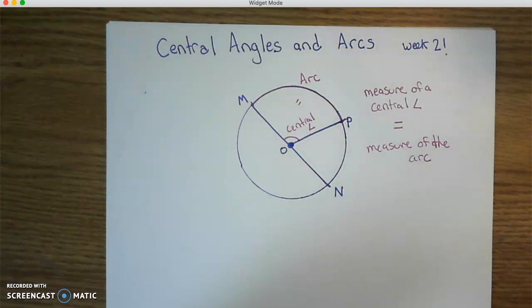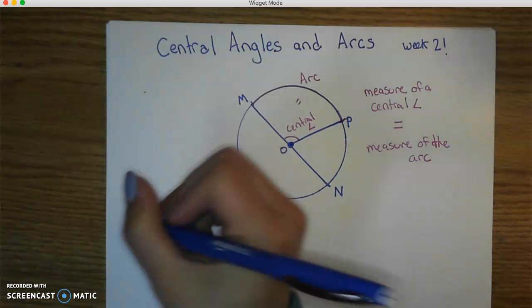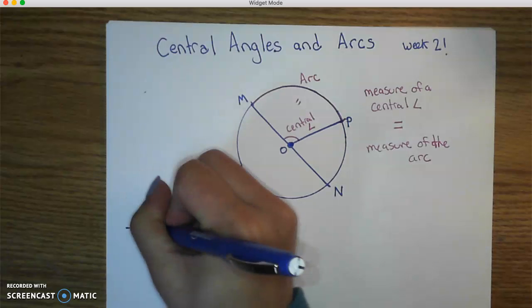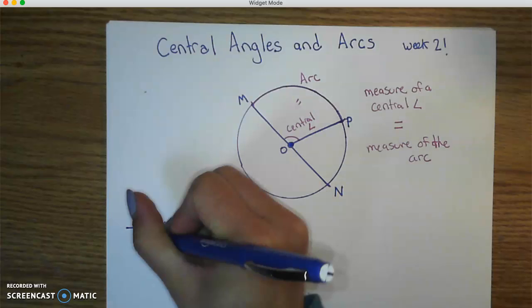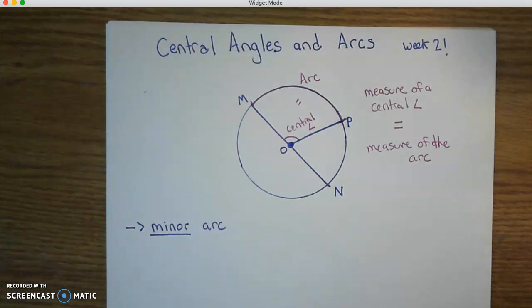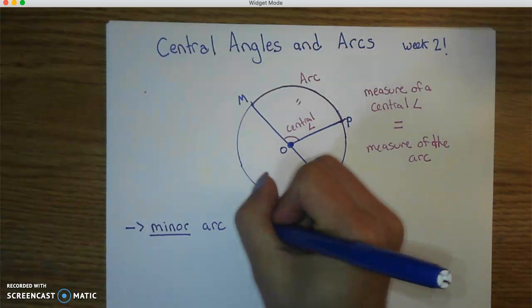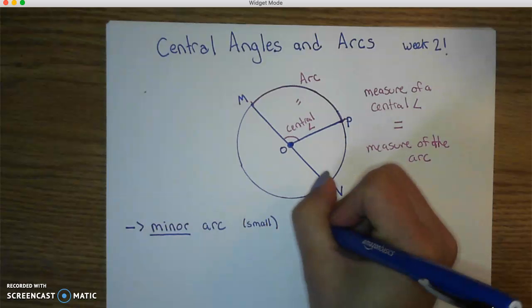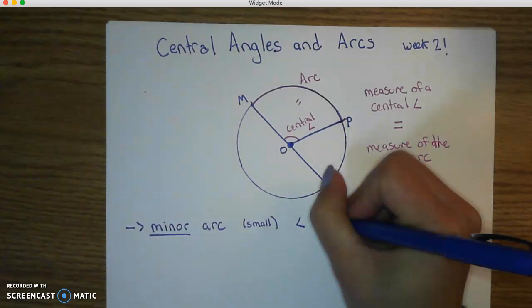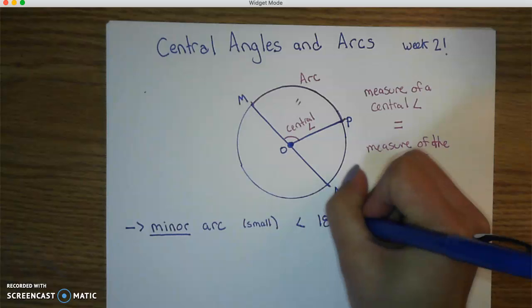So let's review a few things. First off, we have these things called minor arcs. Do we think minor means big or small? A minor arc is a small arc, meaning it is less than 180 degrees.